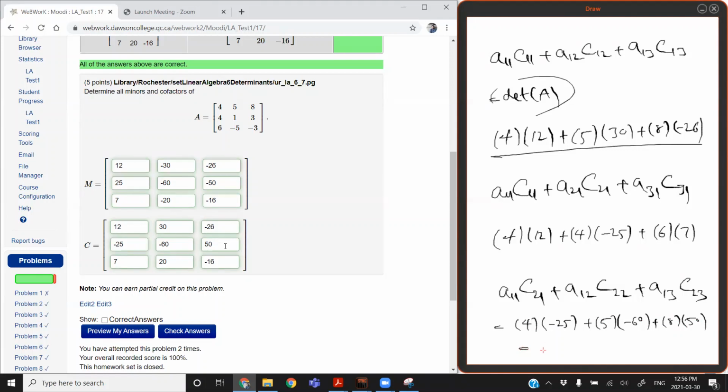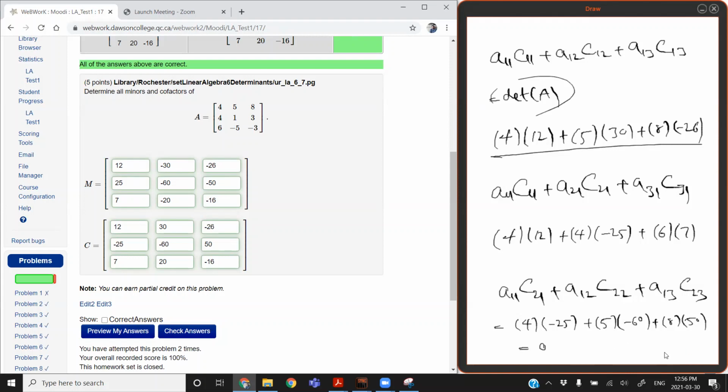And let me have a prediction. It's going to be 0. Everybody try this. Let me know whether you get 0 or not. Yeah, it's 0, right? So here you get minus 100, minus 300, minus 400, plus 400, 0.